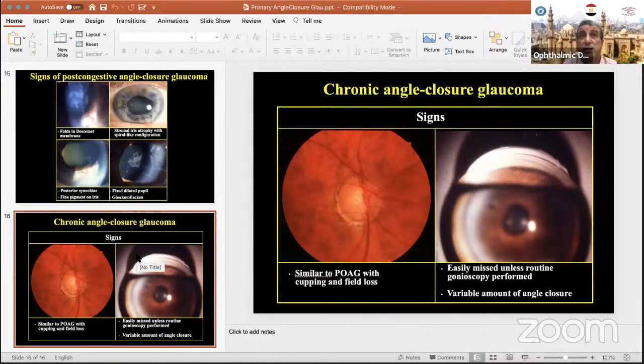The eye is painful, red, with no perception of light. It is usually treated by denervation of the eye to keep it away from pain only, but there is no way to have vision restored in such cases.